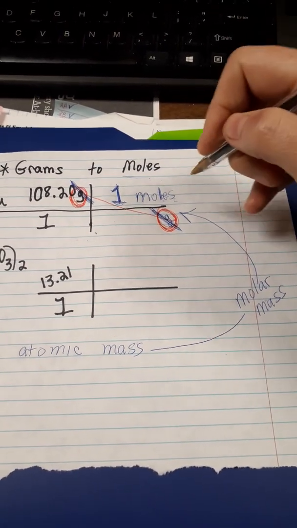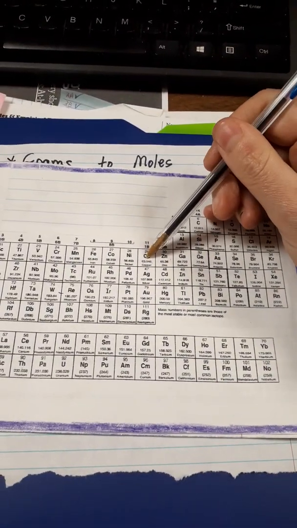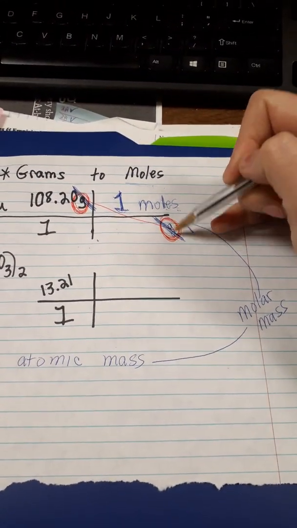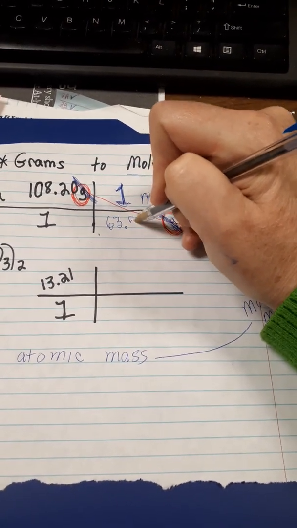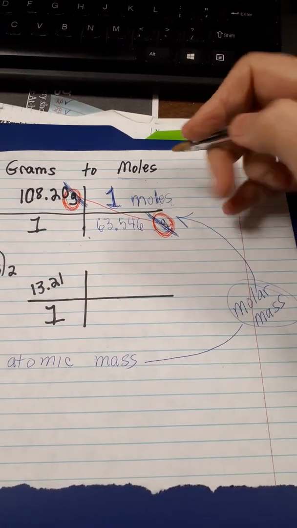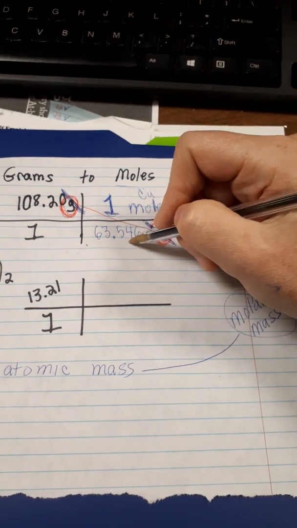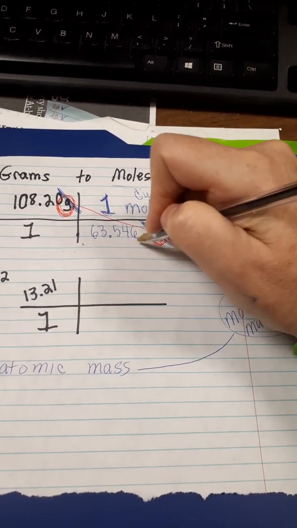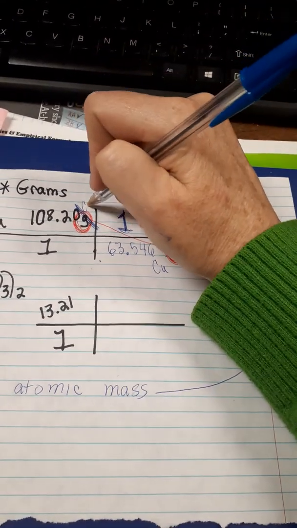So when we see copper on the periodic table, and we look at the atomic mass on it, that will tell us the number of grams that are in 1 mole of copper. 63.546. That is the molar mass of copper. So I have 1 mole of copper is made of 63.546 grams of copper.